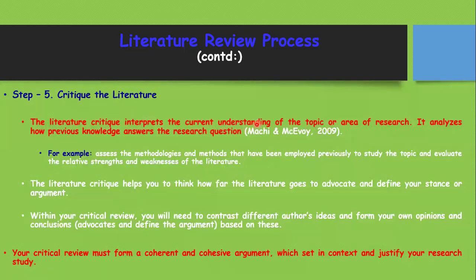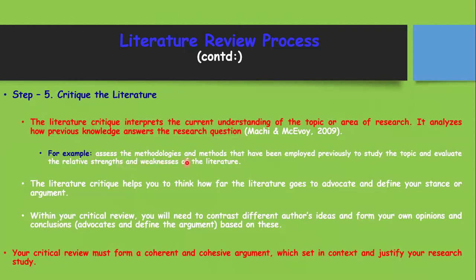Current understanding means what has been researched till date and what is missing in the past research. So the literature critic interprets the current understanding of the topic or the area of research. It analyzes how previous knowledge answers the research question.